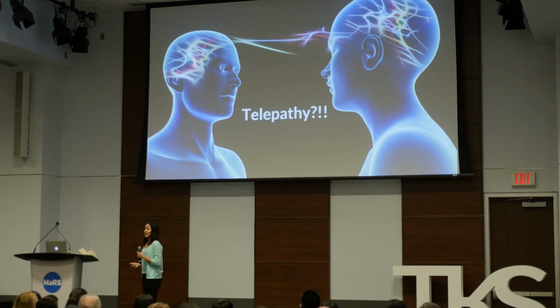Because imagine this: if you can have these brain signals and you can send them to another person who has this BMI in their head, they're able to then fuse the path which the neurons will take for this electrical pulse, and then you can be thinking the same thoughts as the other person. And I think this is probably one of the coolest things about BMIs, the fact that we might even be able to take this to the extent in which we can have telepathy become a thing.